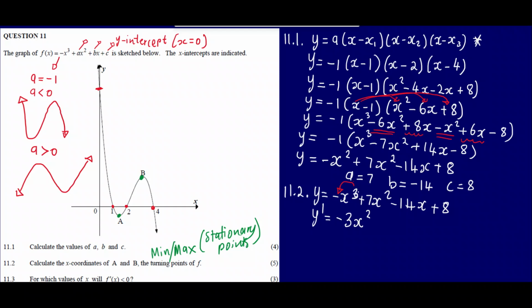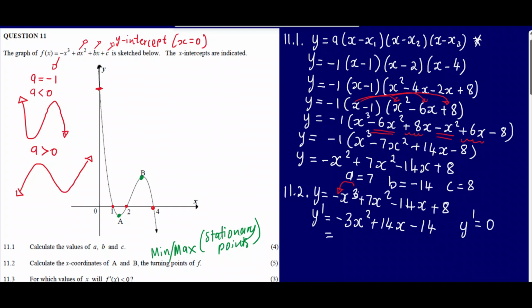If I do the very same thing here, I take the 2 and multiply with the 7, I'll get plus 14x, and then when I minus 1, I get 2 minus 1, which is going to be 1, so there's an invisible 1 there that I'm not going to write. And the derivative of this one with just x is going to be minus 14. You just simply write the coefficient.